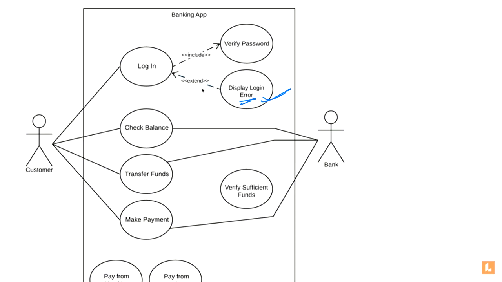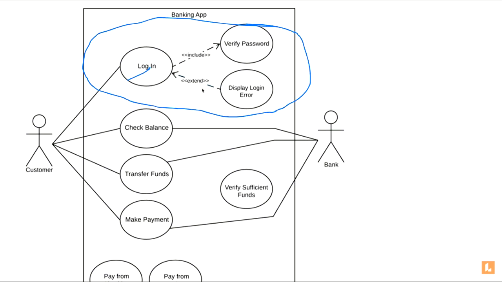So what this system is saying is that whenever this login use case is called, you always have to check or verify the password in the background. But if there is some error while logging in, only in those cases do you have to display this login error message also.